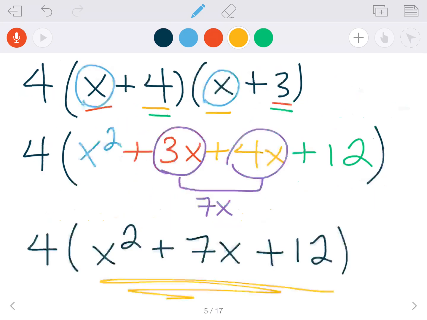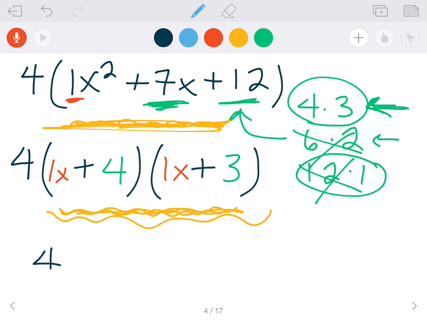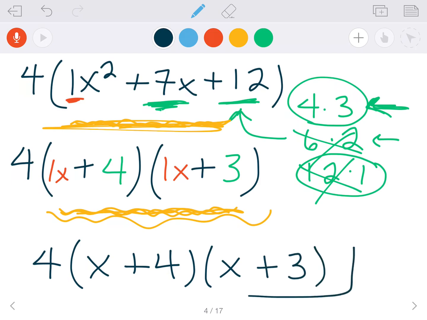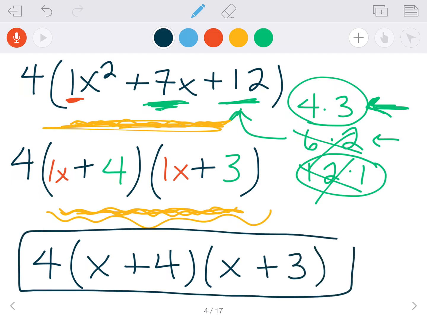Yes, it does. So therefore we know that this factoring was the correct factoring. So let me rewrite this a little bit neater here. 4 times quantity x plus 4 times the quantity x plus 3. And that would be your final answer.